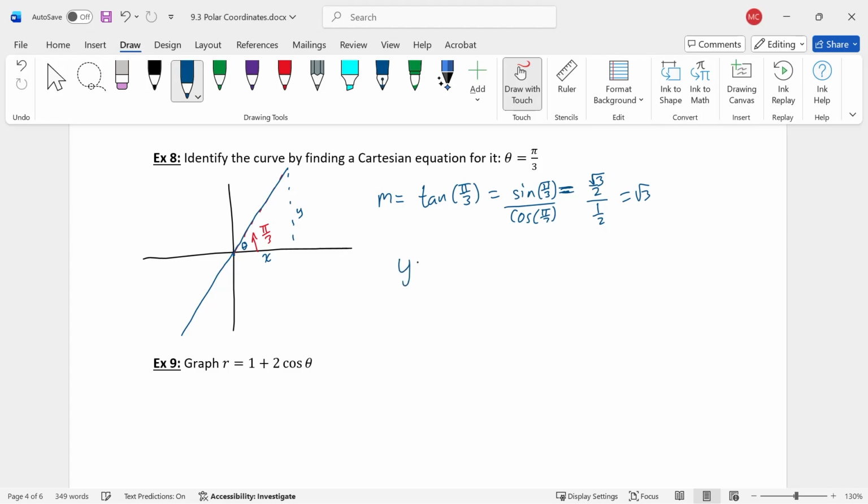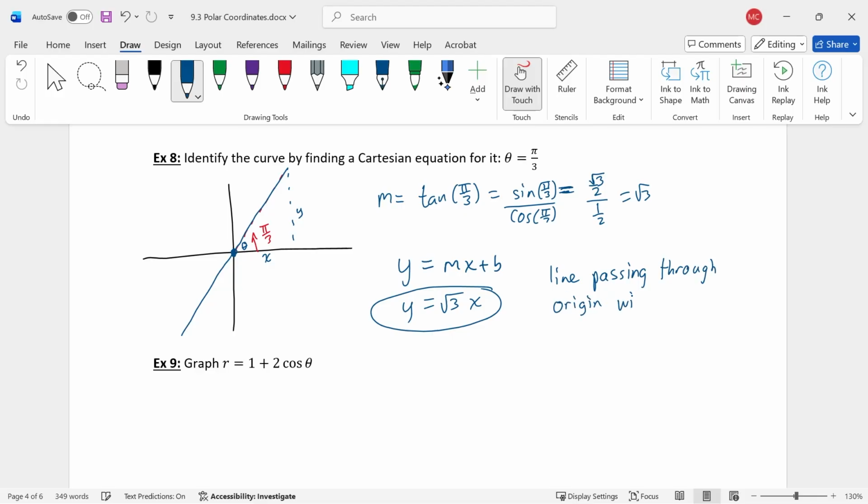And my equation is y equals mx plus b, but the y-intercept for the Cartesian equation is 0. So this is just the square root of 3 x. So this is the line passing through the origin with slope square root of 3.